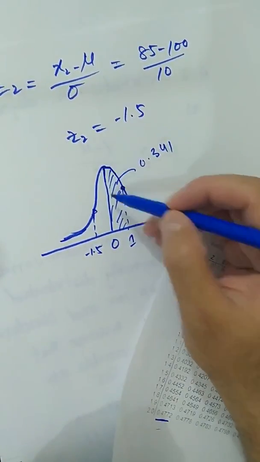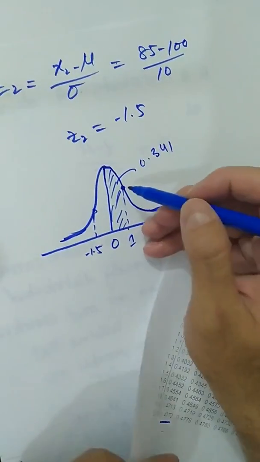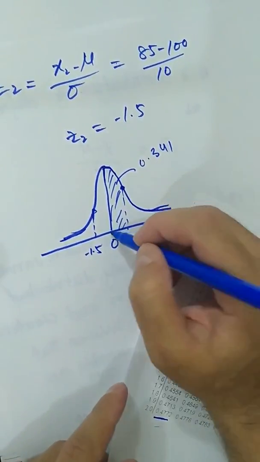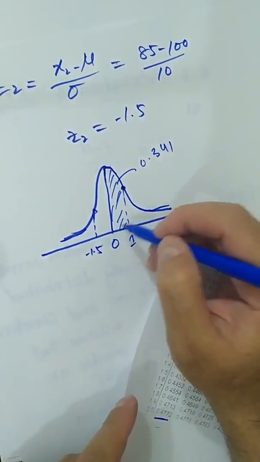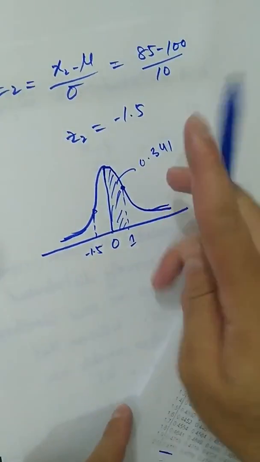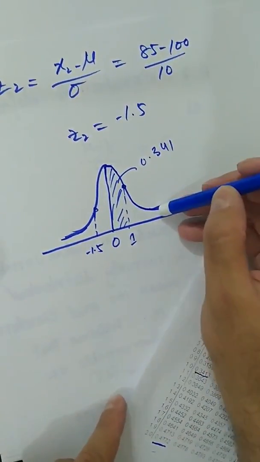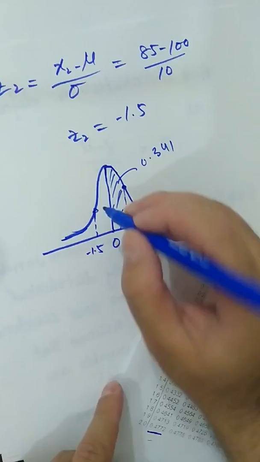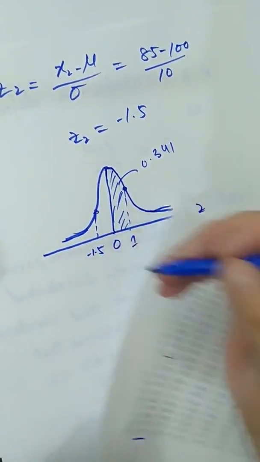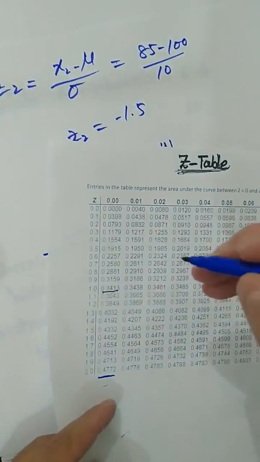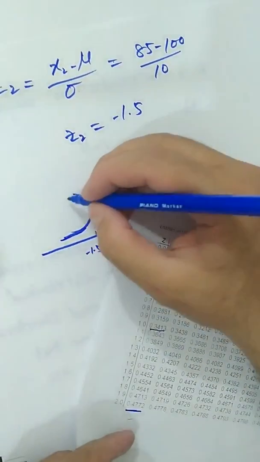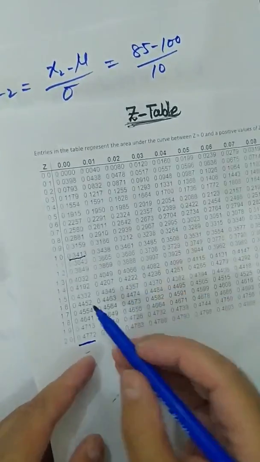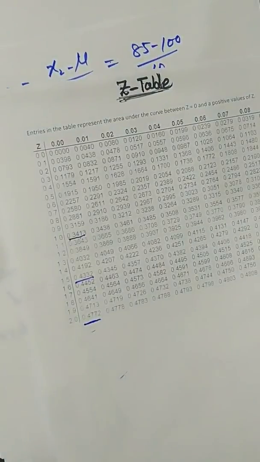This Gaussian distribution is equally distributed around its mean value or middle point. On the right side the total area under the curve is 0.5, and on the left side the total area under the curve is 0.5. So at 1.5, I get 0.4332, which can be observed from this table.